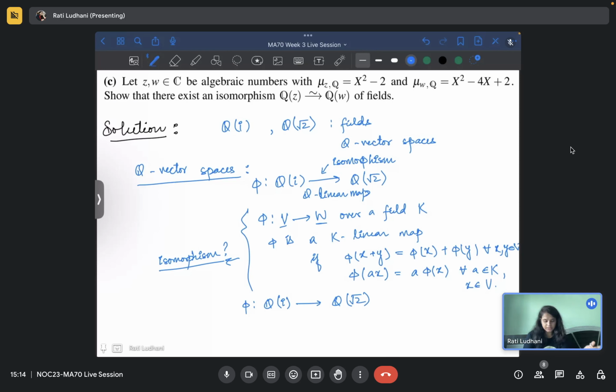So if you can say that the dimensions are equal, then this is an isomorphism. In our case, if the dimensions are equal, then we can directly say that these are isomorphic.